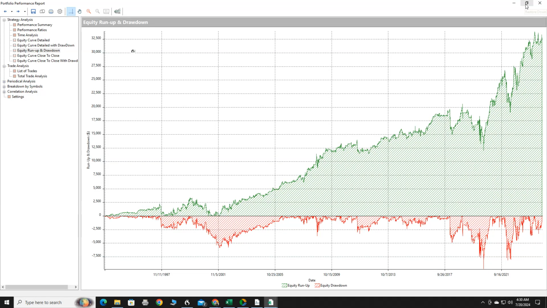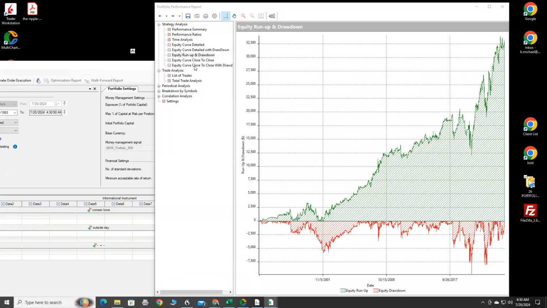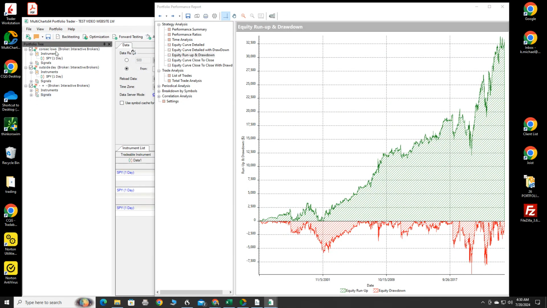This is the portfolio with no money management. We have our 3 strategies that we've been using for this analysis, and those are the strategies that we've been using for other examples: consecutive lows, outside day, down, up, down.